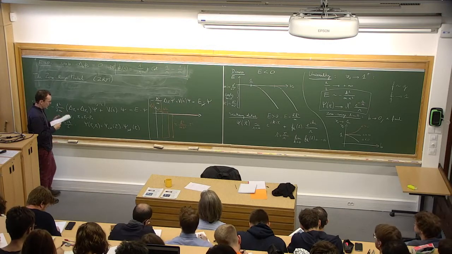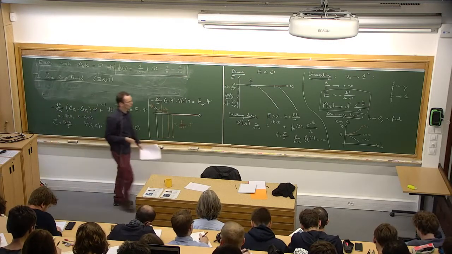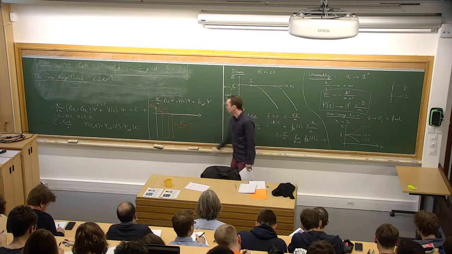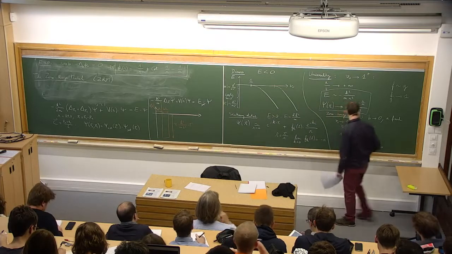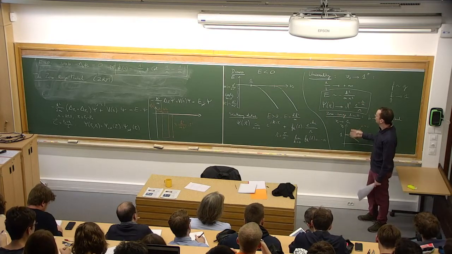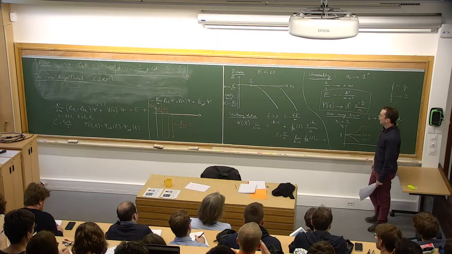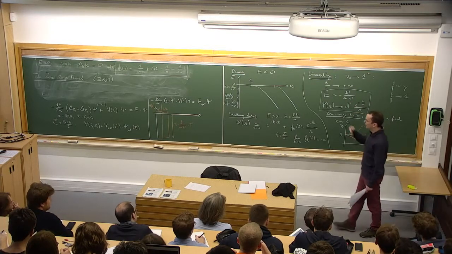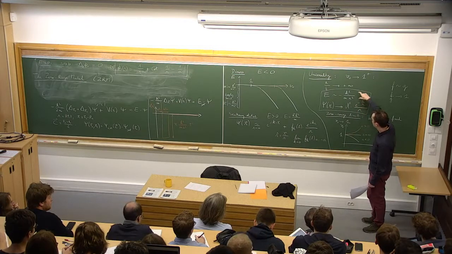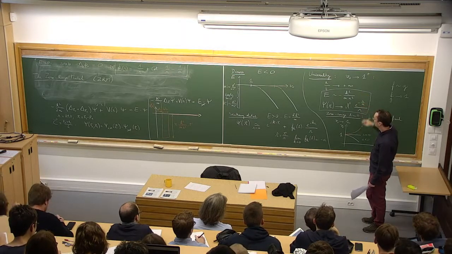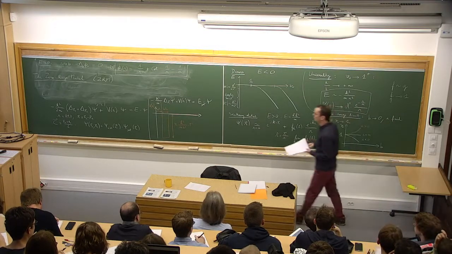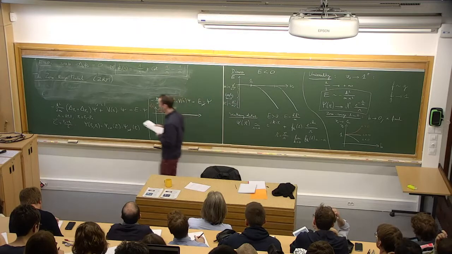So the idea of the zero range model is the following. We see that if we take some finite range model, like for example this one, and then we send the range to 0 with a fixed scattering length, we get some universal results such as these ones. And in fact, the zero range model will allow us to directly get these universal results without taking first the finite range and then sending it to 0. So it will be much more convenient.